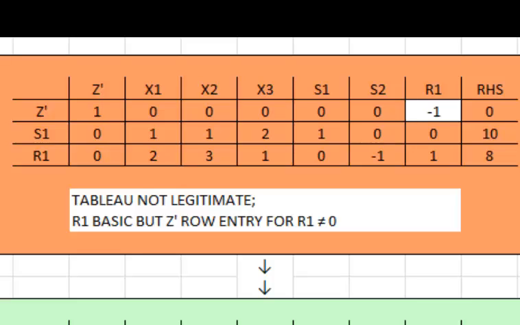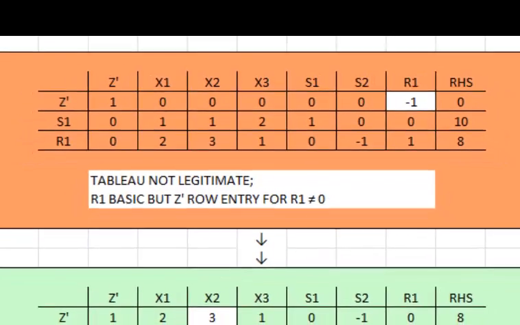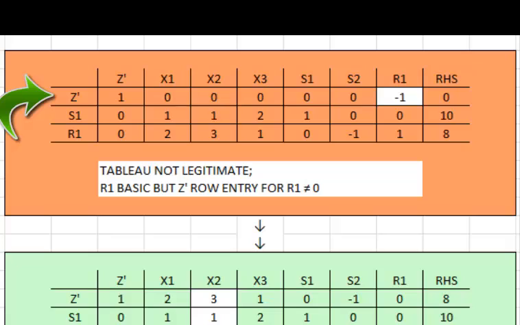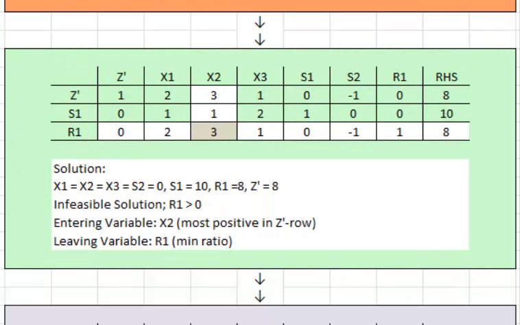So we need to get rid of that -1 under R1 in the z prime row. To do that, we simply multiply the R1 row by +1 and add it to the z prime row. The next legitimate tableau will now have 0 under R1.